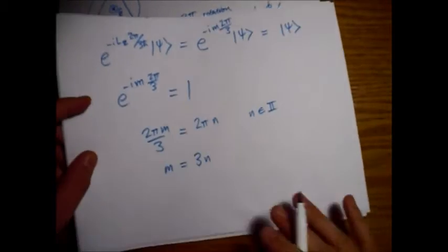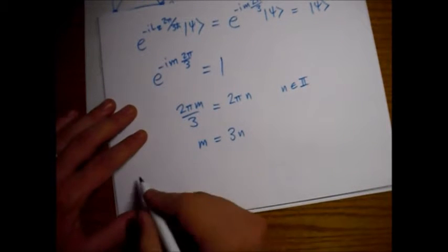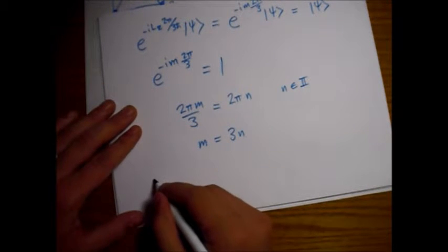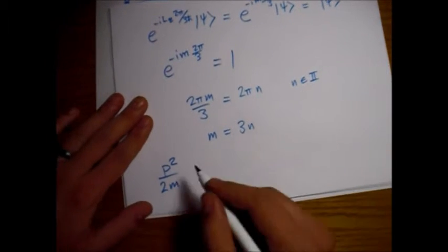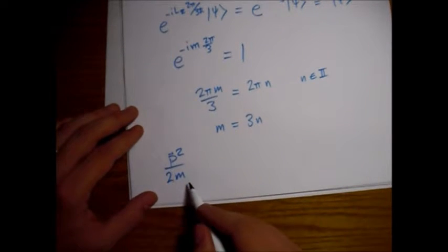Now looking at the energy. Normally for energy we have momentum squared over 2m.